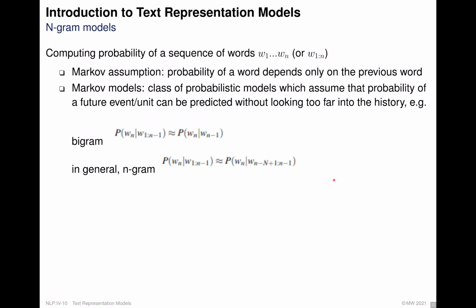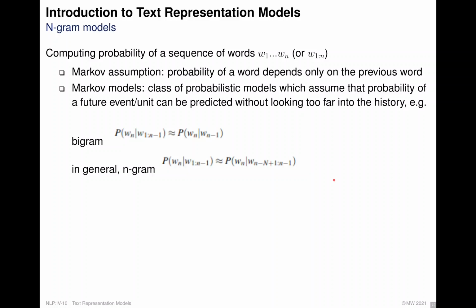Namely, instead of computing the probability of the sequence of words based on the entire history, we're going to take an assumption. This assumption is known as the Markov assumption. We're going to assume that the probability of a word depends only on the previous word, so that we cut off the whole head of that history and look at only the preceding element.